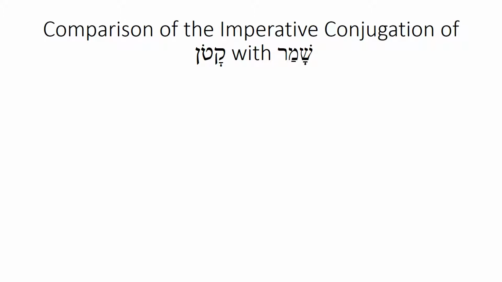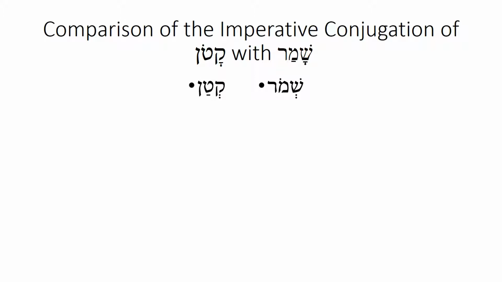Okay, now let's look at the imperative, and we will compare the imperative of an A-class vowel with the imperative of an O-class stative verb. Here we have our familiar second person masculine singular imperative of shamar, shemor.